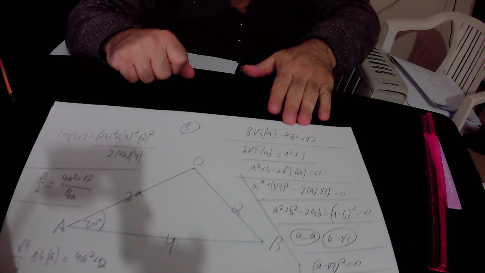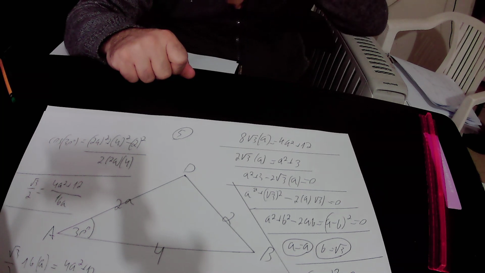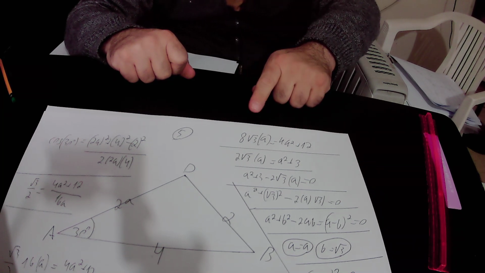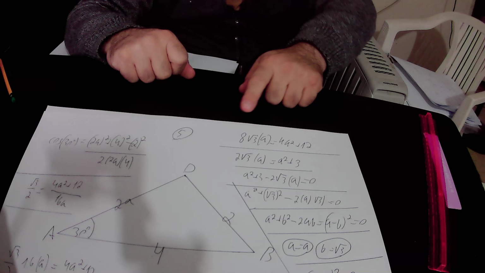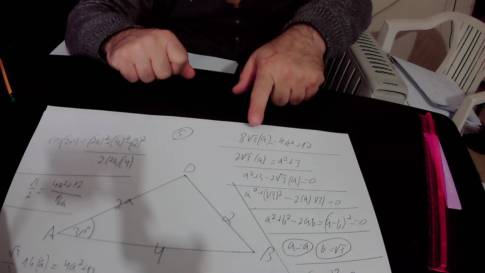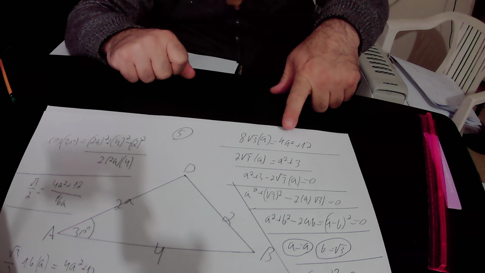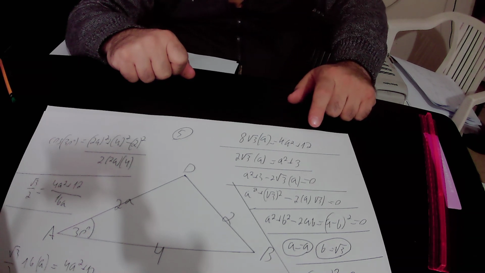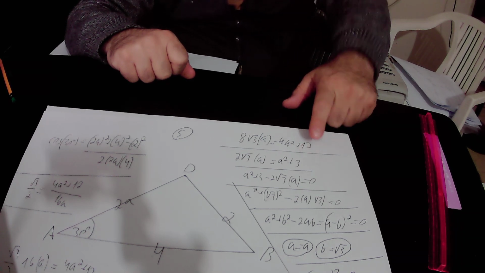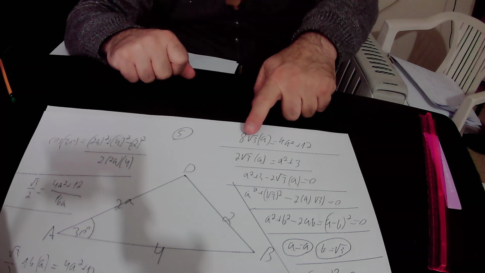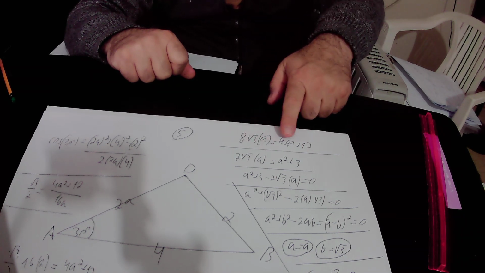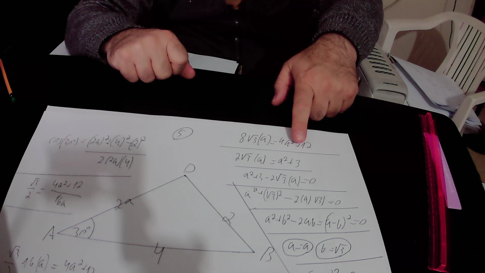Here we divided this equation by 4, and we got that 8 over 4 is 2. So we got here 2 times square root of 3 times a equals, 4 over 4 is 1, so here we will have a squared, and 12 over 4 is 3. So in conclusion we got that 2 times square root of 3 times a equals a squared plus 3.